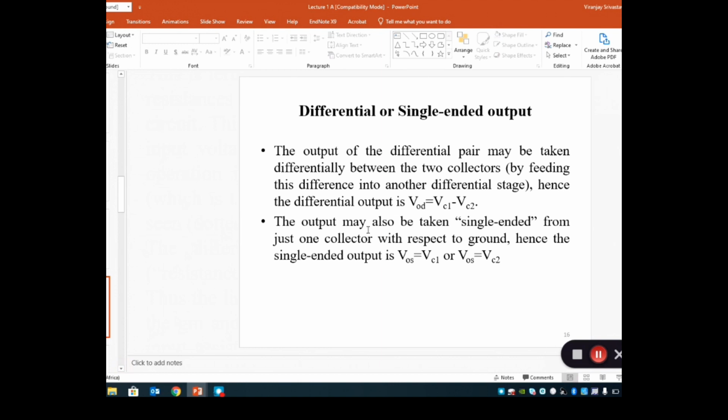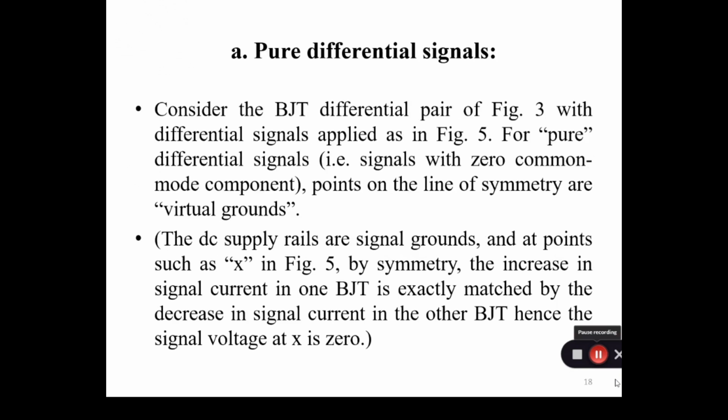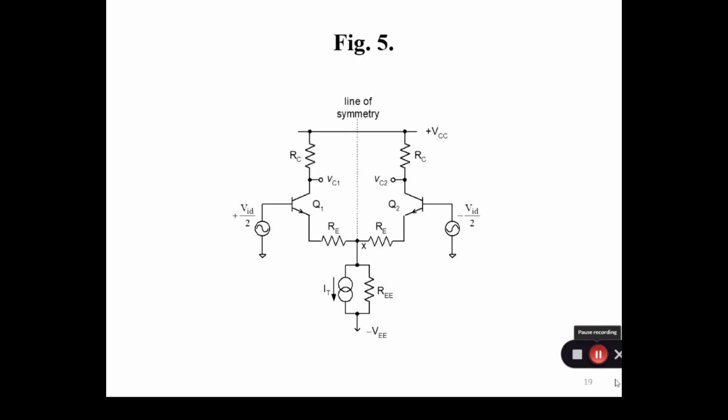After that, differential or single-ended output. It means in the same circuit we are working only for the half section. This is the section, and we are applying the inputs opposite to each other. The left hand side and right hand side are the same circuit, only we have to divide this one, so it becomes half and half.